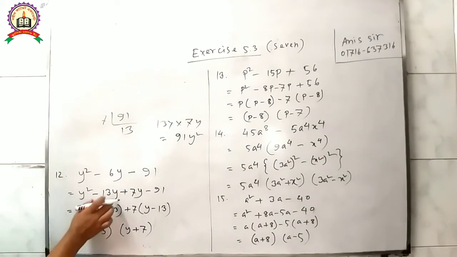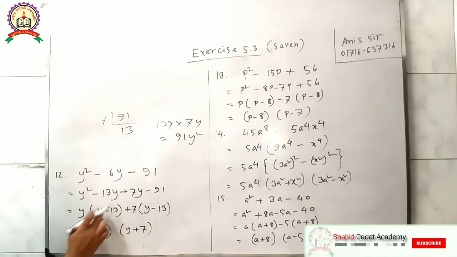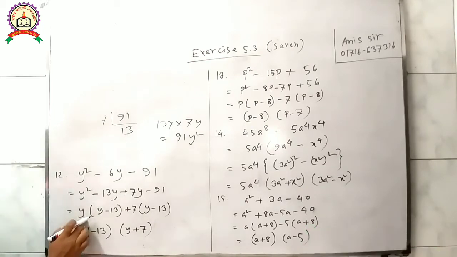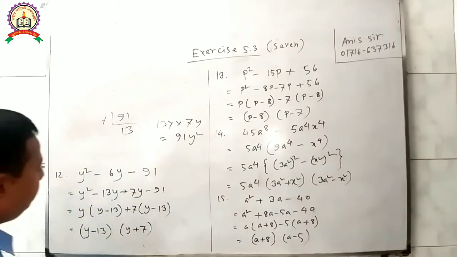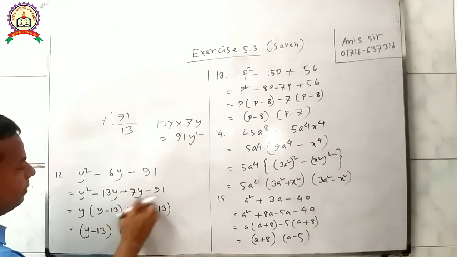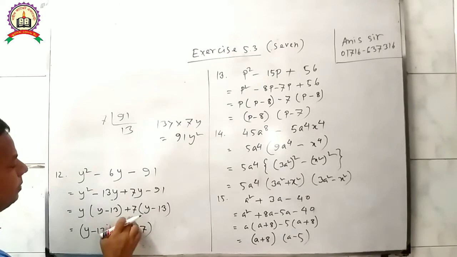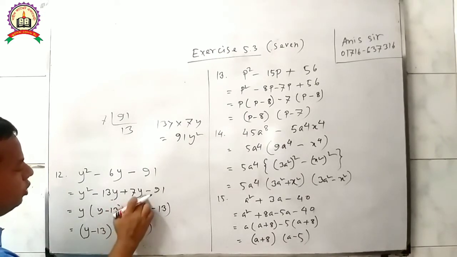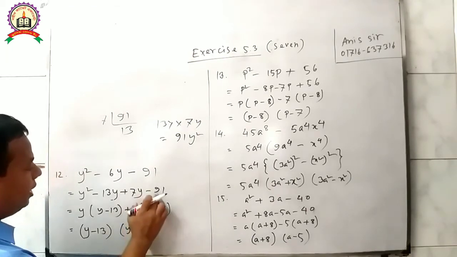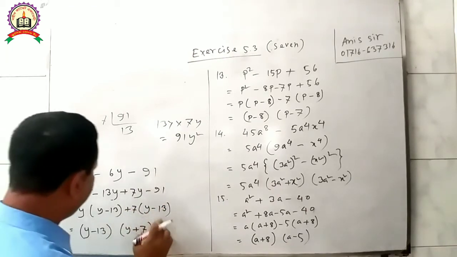So in the pair y square minus 13y, we can take y as common. Taking y as common, we get y minus 13. And in the second pair we take plus 7 as common, so we get y minus 91 divided by 7, which is 13.